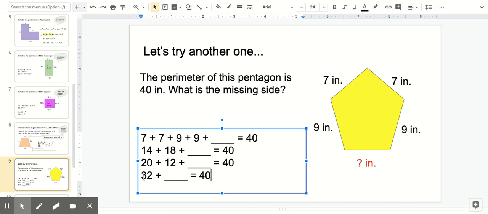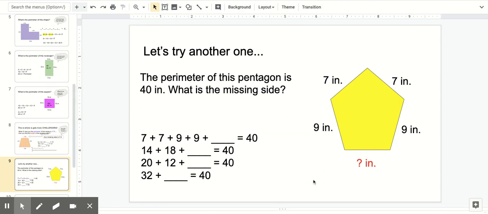So 32 plus what equals 40? And that's a best 10 friend situation. We're getting to the next 10 and we've got a 2 in the ones place. So the best 10 friend for 2 is 8.